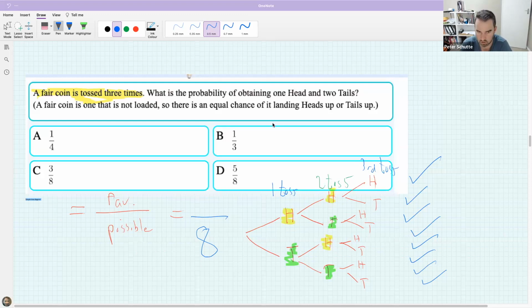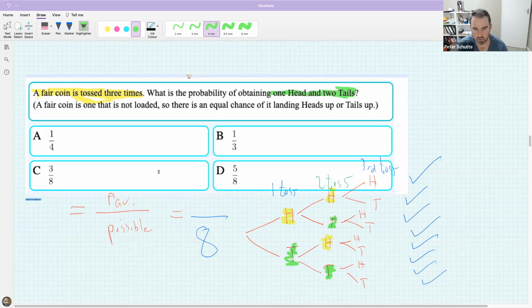But that's not the question. The question says, what is the probability of obtaining 1 head and 2 tails? Now, if I look at my tree, I want you to go hunting for pathways which have 1 head and 2 tails.